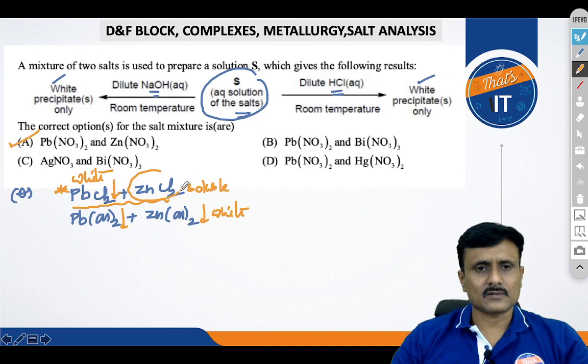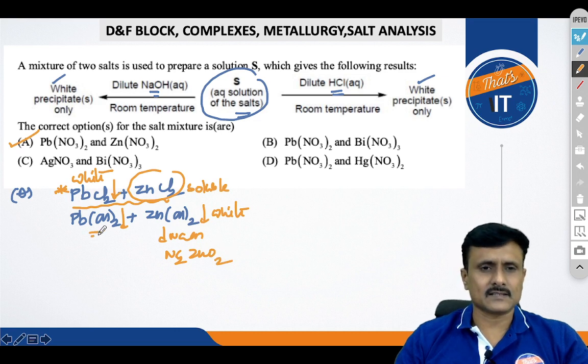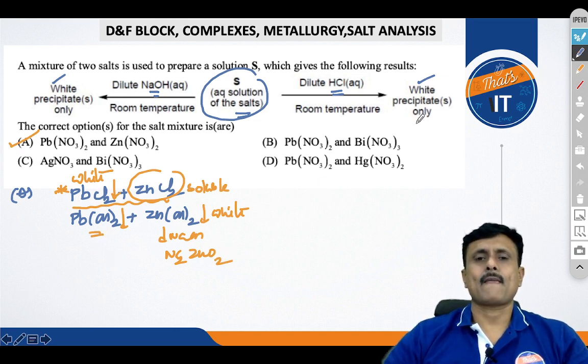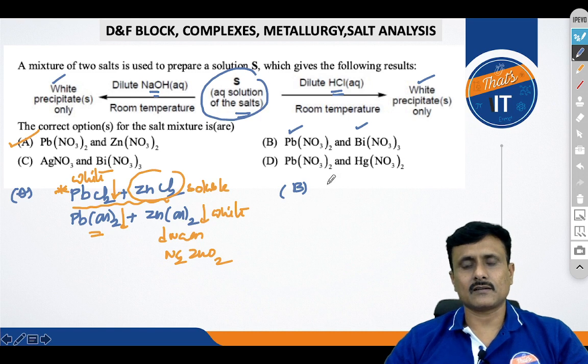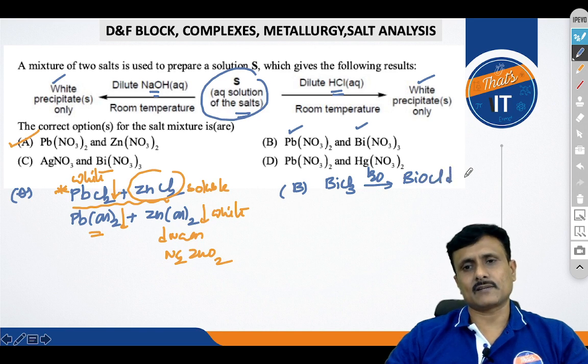It is anyway soluble. However, when I am using excess of NaOH, that's not mentioned though, it is also soluble, but still there is a white PPT. Look at option B. You will be getting PbCl2, you will be getting what? BiCl3. However, you should know that BiCl3 will react with water to give bismuth oxychloride, which is again a white PPT.